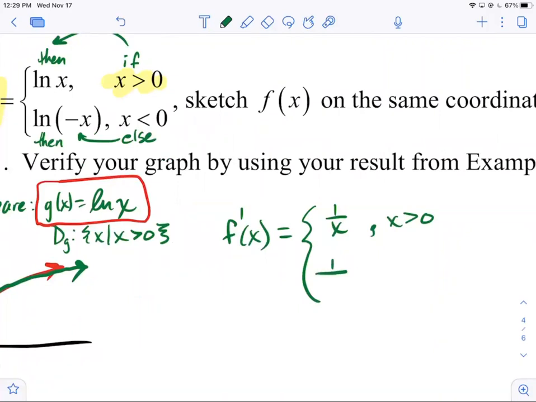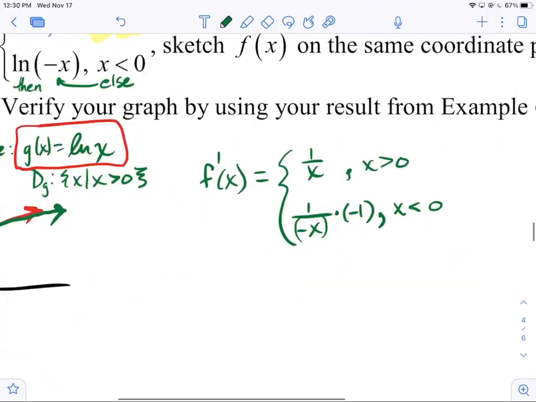So its derivative is 1 over the blob, and then times the chain rule, the derivative of the blob. What's the derivative of -x with respect to x? -1. Yep. And that's going to be when x is less than 0. So if we simplify that now, we get 1 over x when x is greater than 0. And a negative divided by a negative is positive. It's going to be 1 over x when x is less than 0.